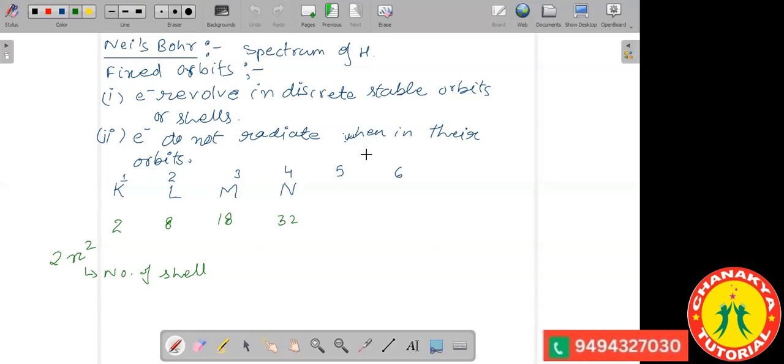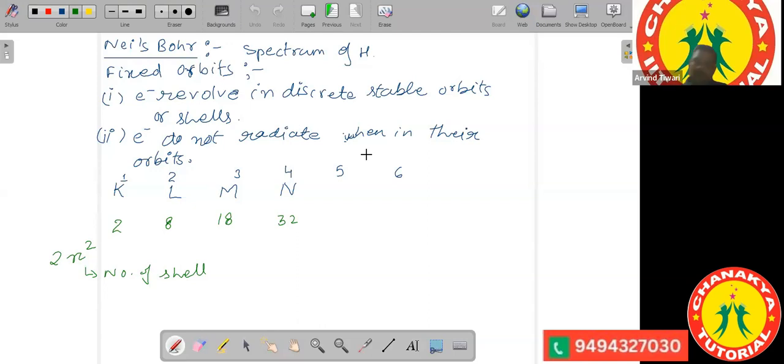Fifty, sir. Okay, so this has the capacity 50. And if there are 6 shells, then how many electrons will be there?